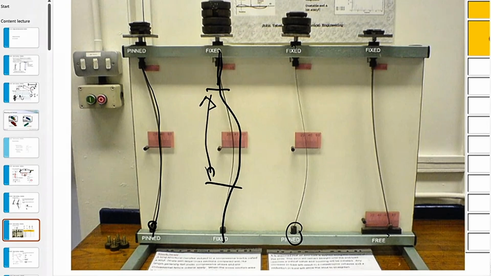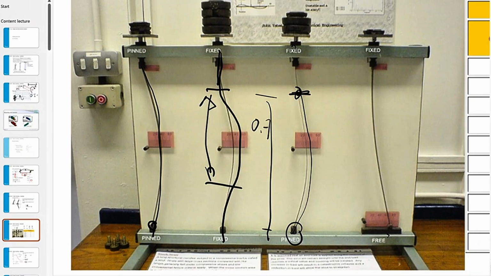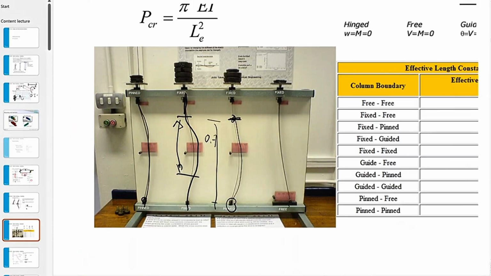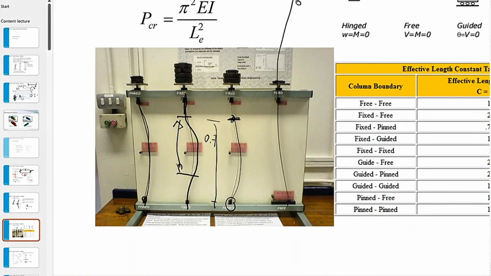And this one is pinned here and then somewhere around here, so let's say 0.7 times the real length. That is the buckling length as it seems, and this one is the same as the one where we started with, so the buckling length is twice this value.